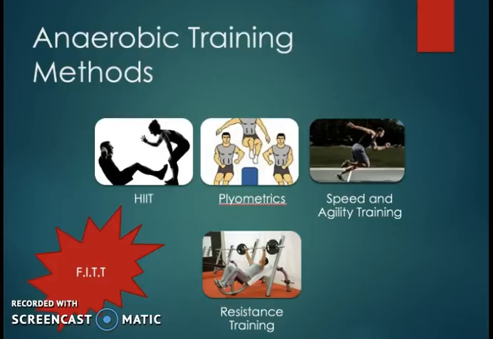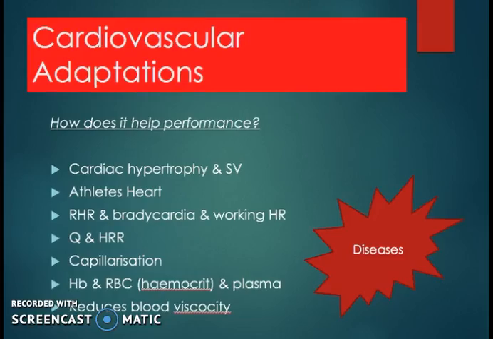Now we're going to move on to cardiovascular adaptations. In the cardiovascular system, certain adaptations have to occur after doing exercise for long periods of time or training quite often.